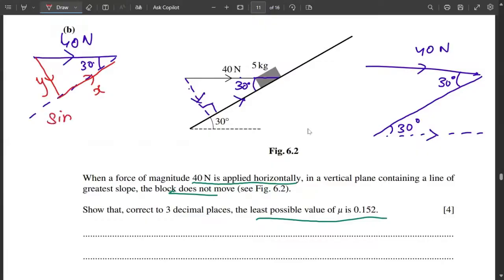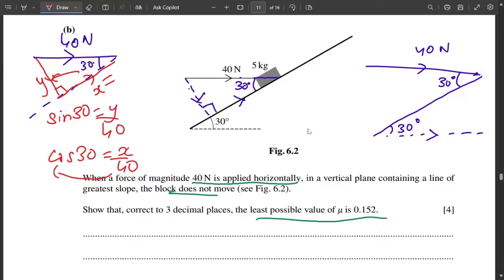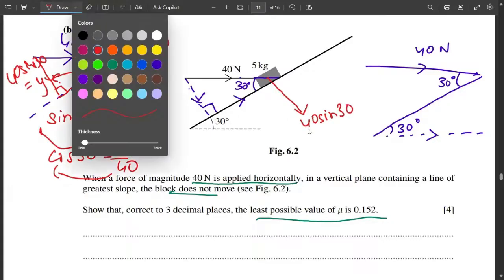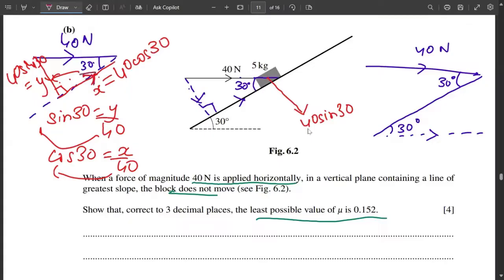I can use sin 30: opposite side is y upon 40, and cos 30 will be x upon 40. So technically, x is 40 cos 30 and y is 40 sin 30. Now y is acting downwards, so this is 40 sin 30. And one is acting to the right. This is 40 cos 30. I can draw it like this. Perfect.